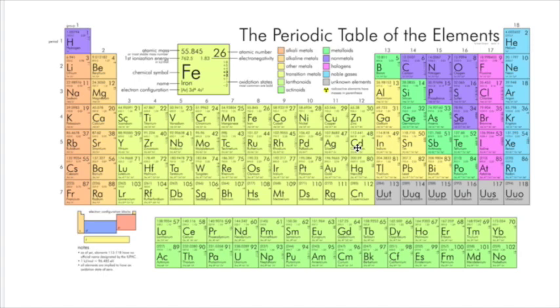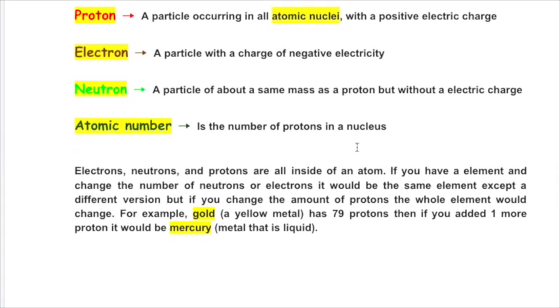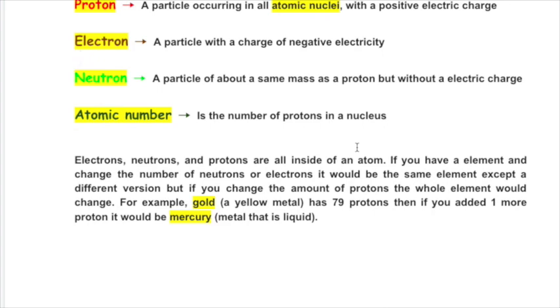So if you change the number of neutrons and you change the number of electrons, it would be the same element, just a different version. But if you change the amount of protons, it'll be a completely different element.